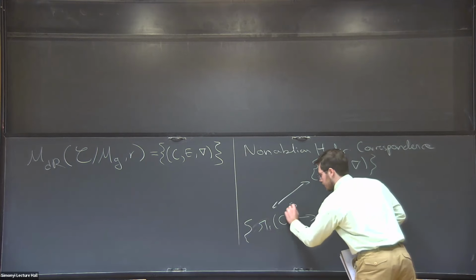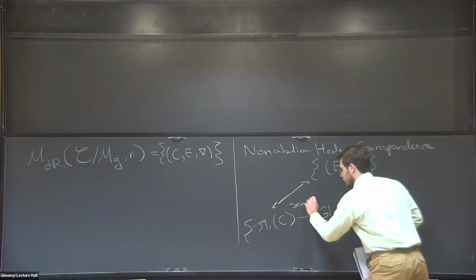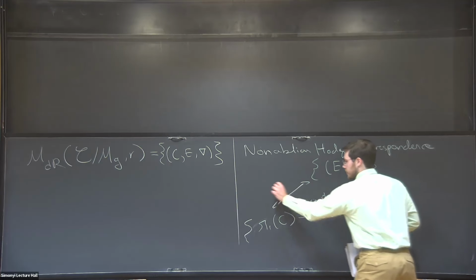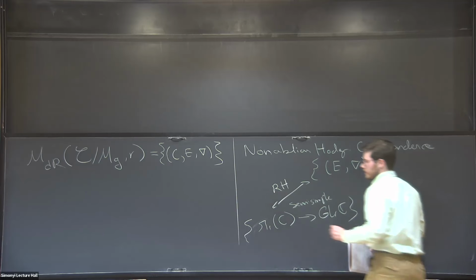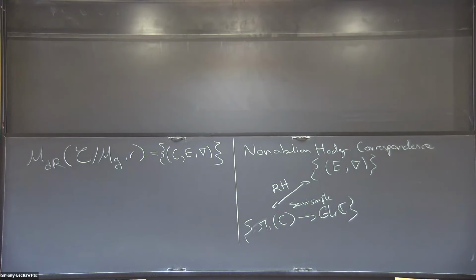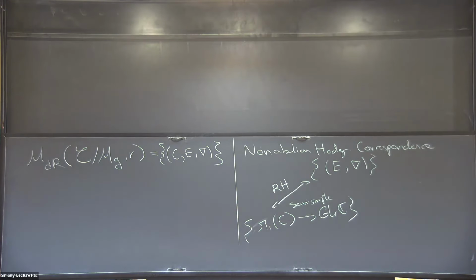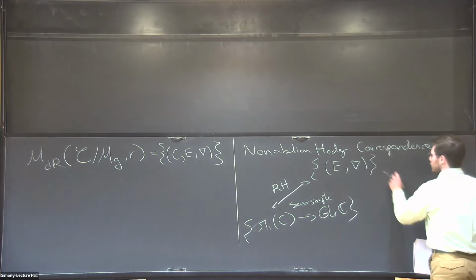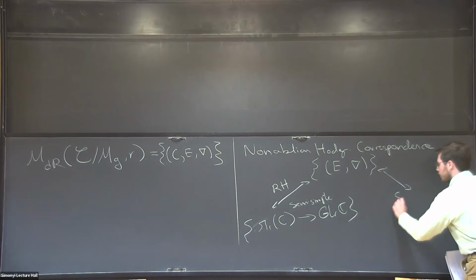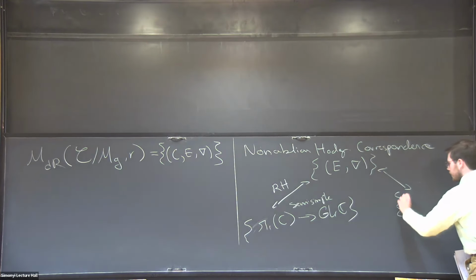And I should maybe say semi-simple representations. And this is called the Riemann-Hilbert correspondence. And the third ingredient in this that makes this the non-abelian Hodge correspondence is that these flat vector bundles have another object corresponding to them called Higgs bundles.